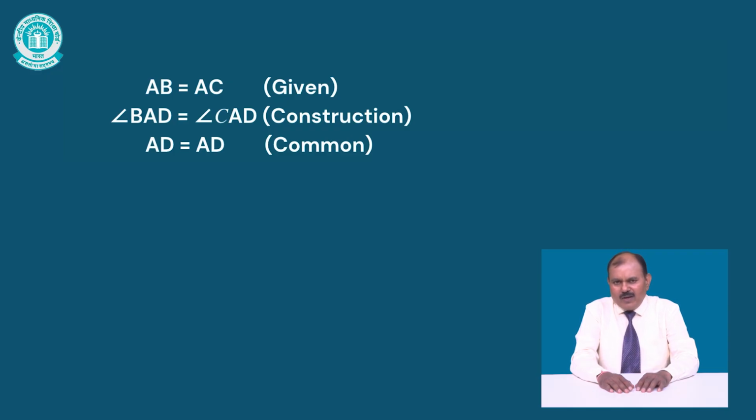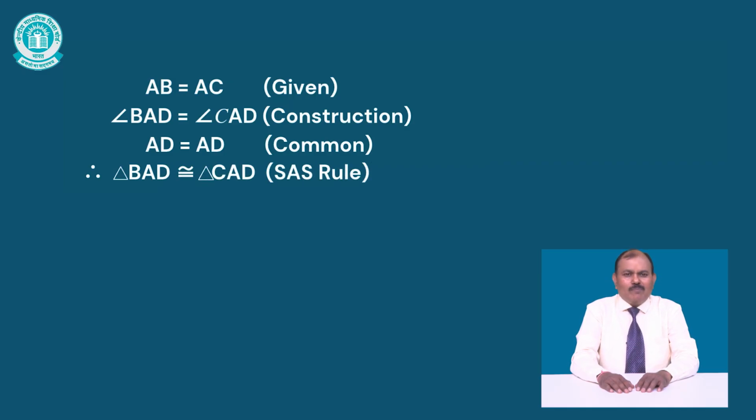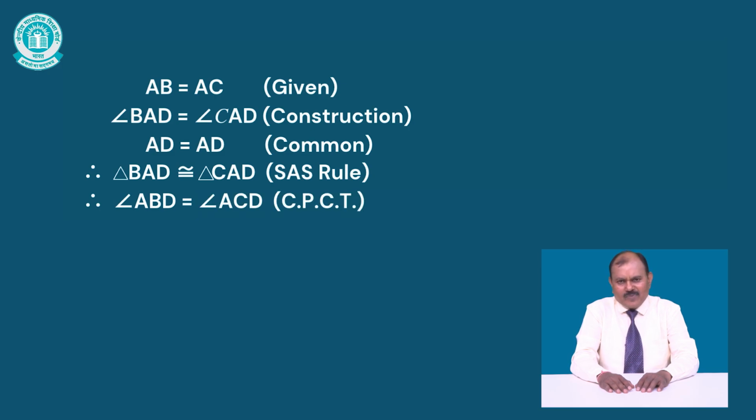Therefore, triangle BAD is congruent to triangle CAD by SAS rule. Therefore, angle ABD equals angle ACD by CPCT. That is, angle B equals angle C. Hence proved.